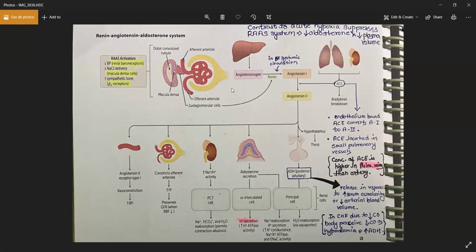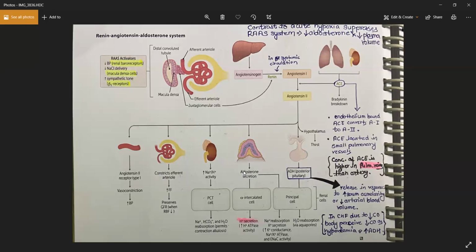Whenever you're having hyperkalemia, a higher potassium level, it will cause the activation of aldosterone directly. And because you already know that the function of aldosterone is to cause the excretion of potassium, right? So one thing is the RAS, that means angiotensin 2, and the second thing is the potassium directly can activate the aldosterone secretion.